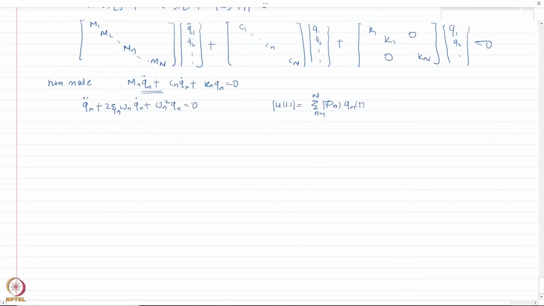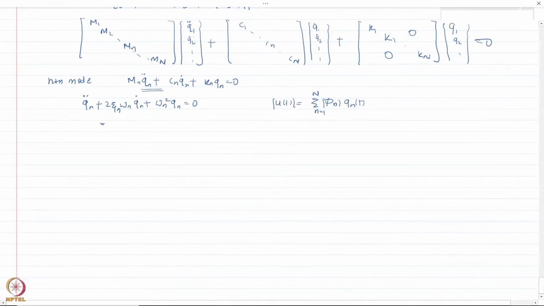Now if you look at here, we have damping for the nth mode. So for a multi-degree of freedom system, the way the damping ratio is defined, there is a separate damping ratio for each of the modes. And that damping ratio is nothing but Cn divided by C critical, which is 2 Mn omega n.